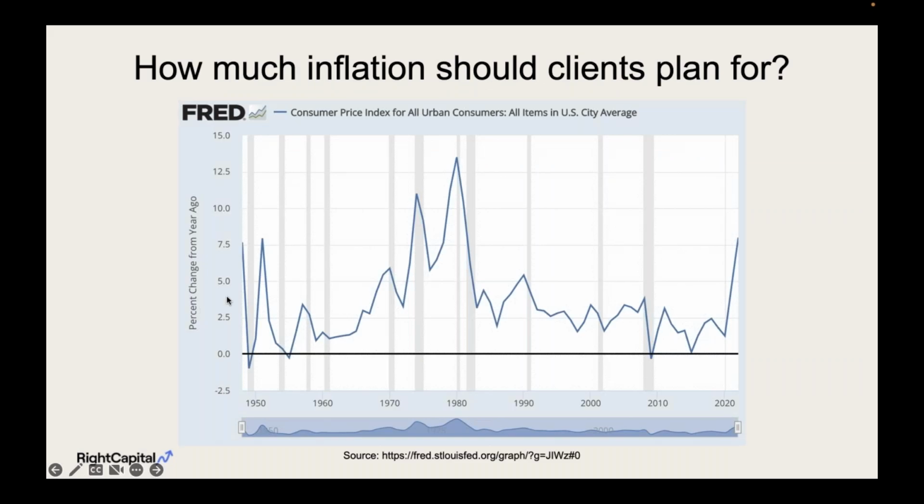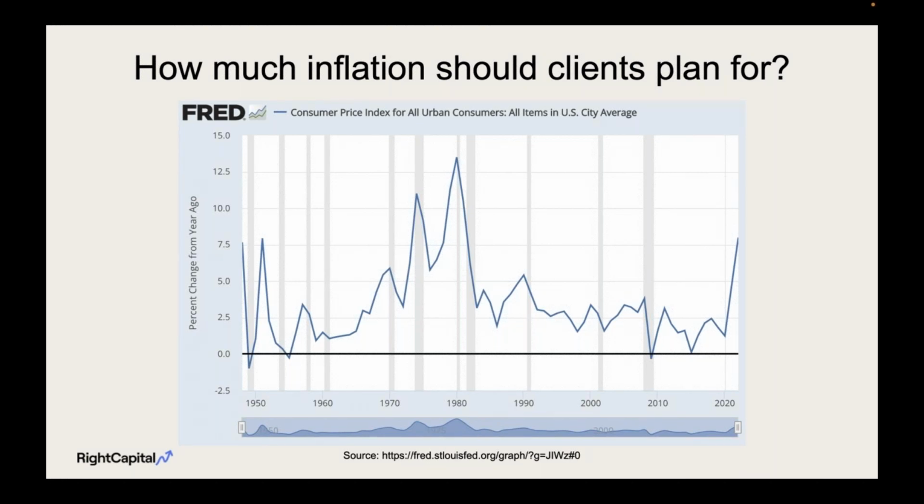But as we mentioned earlier, the consumer price index is a common resource used to analyze, let's say, year over year inflation as it's reported to us.